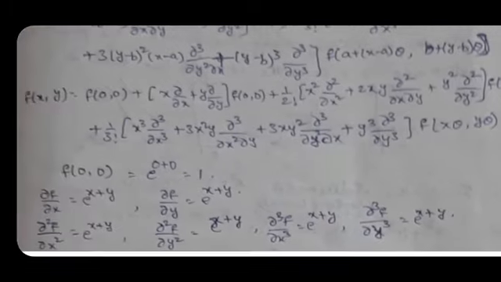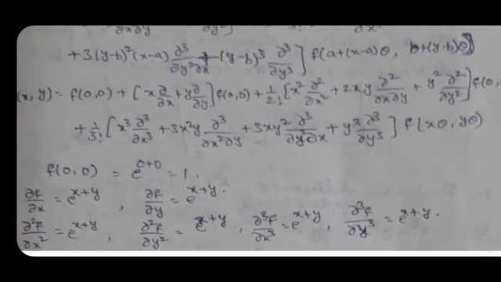x minus a whole cube into dou cube by dou x cube plus 3 into x minus a whole square into y minus b into dou cube by dou x square dou y plus 3 into y minus b whole square into x minus a into dou cube by dou y square dou x.